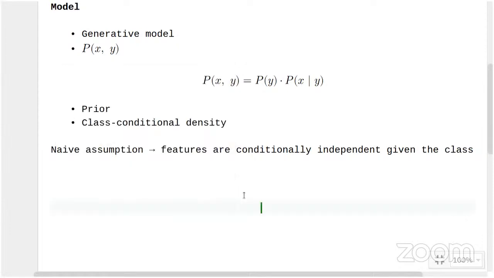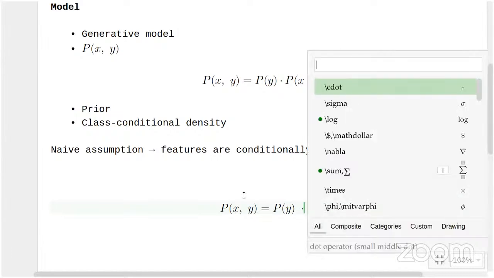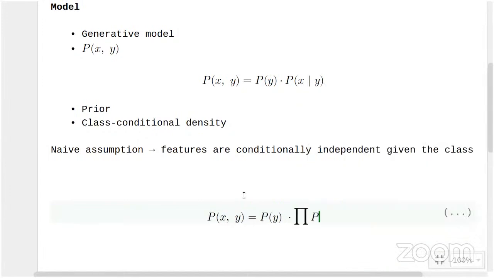The nice thing is that P of X comma Y, I can write down as P of Y into, assuming there are m features, how do I express this P of X given Y? It will be a product over all the features, so P of xj, where xj is the jth feature, given Y. This product will go from 1 to m.